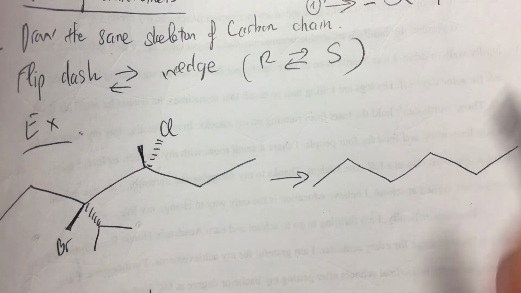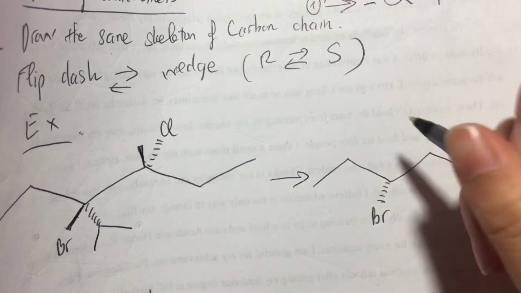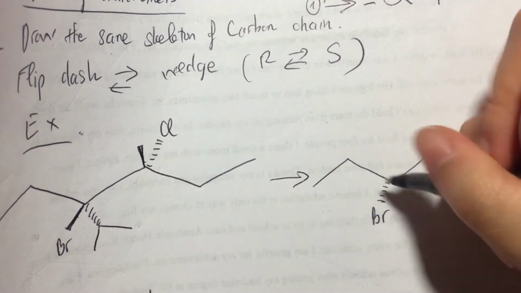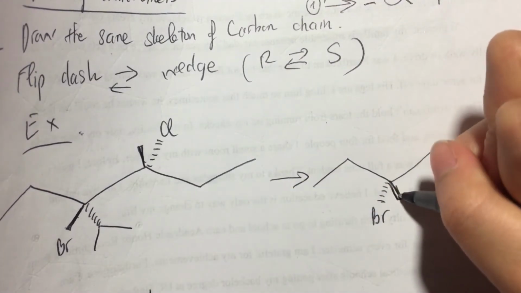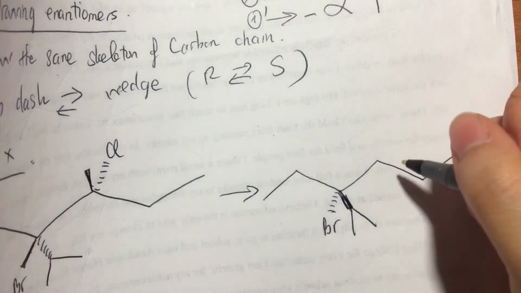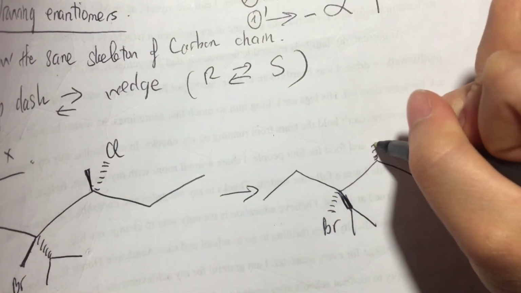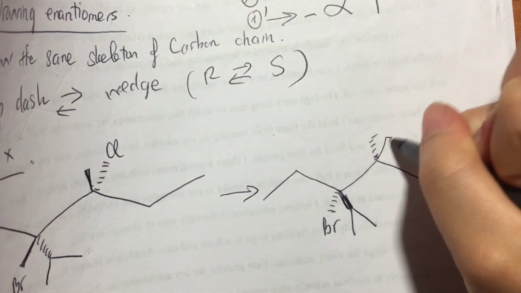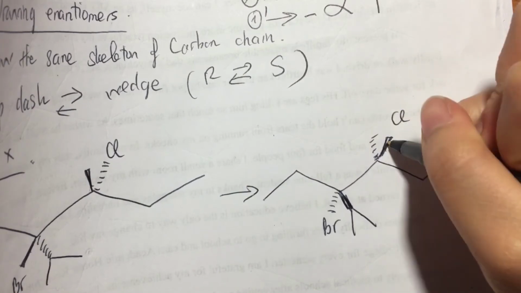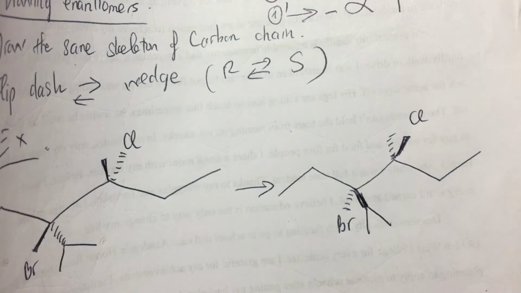Here I have a wedge, now I flip it to a dash. Also I have a dash, now I flip it to a wedge. And here I have a wedge, I flip it to a dash, and a dash, I flip it to a wedge. So this is my enantiomer. These are enantiomers of each other.